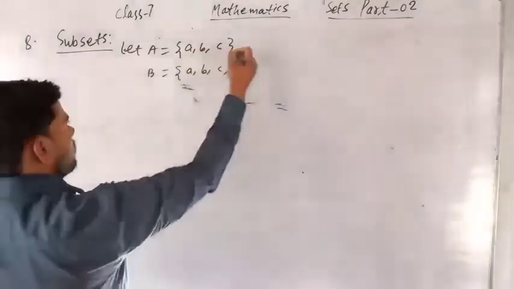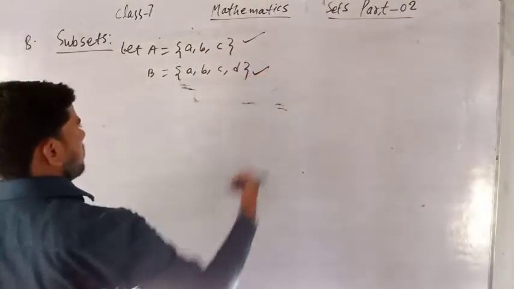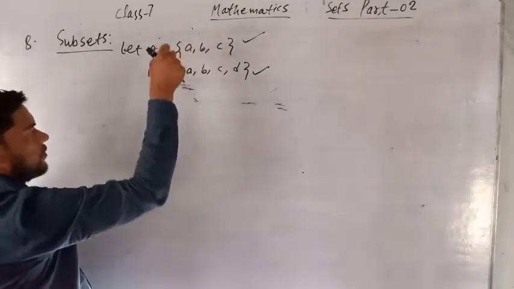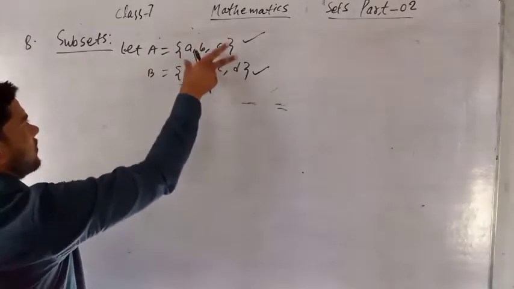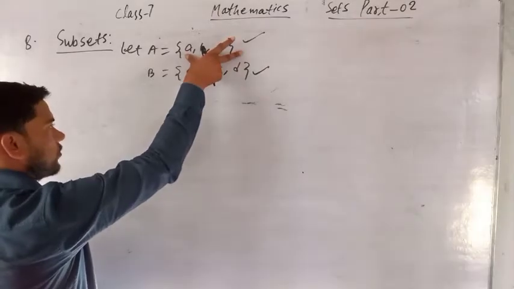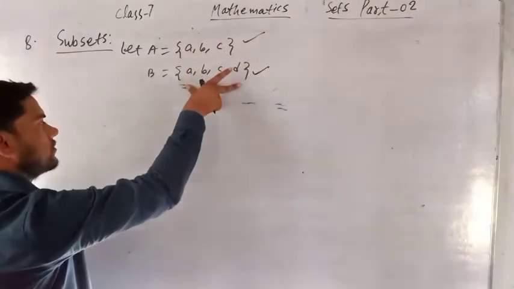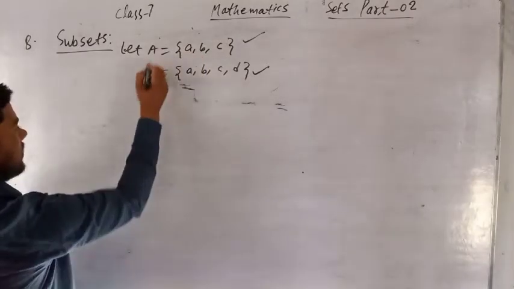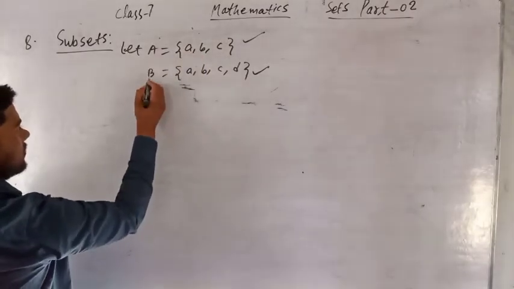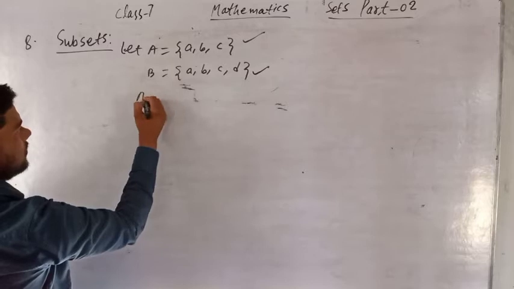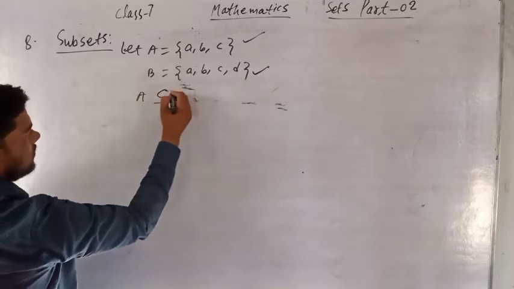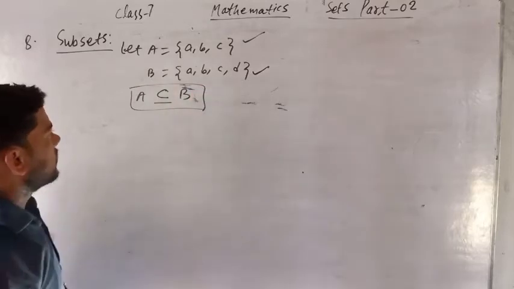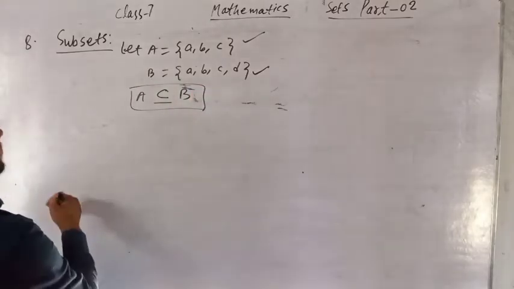The all elements of A are in the set B. So A is the subset of B. A is the subset of B.